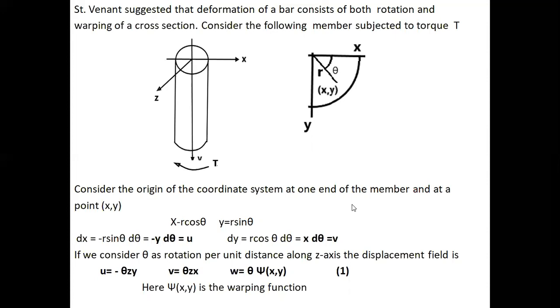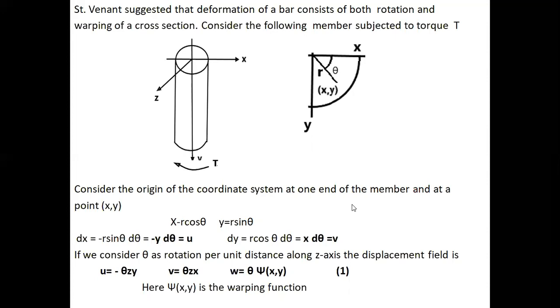Consider the following member and take the origin of the coordinates at the top of the member, x, y, z. Take any cross section, shown on the right hand side, and take a point with the coordinates x, y.